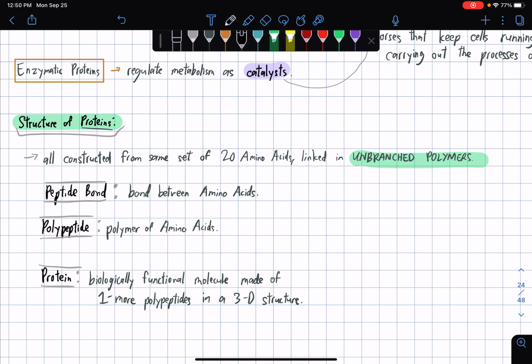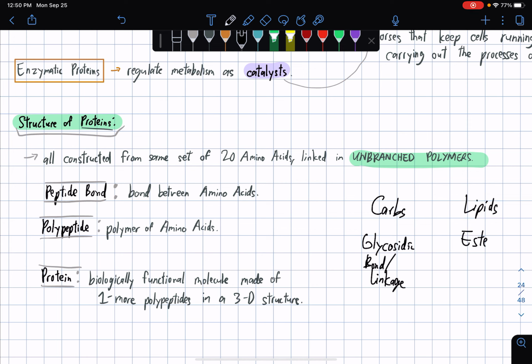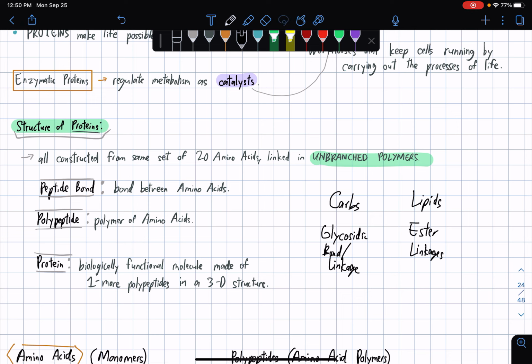If carbohydrates have glycosidic bonding or linkage, lipids have ester linkages. Then for proteins, we have a peptide bond.